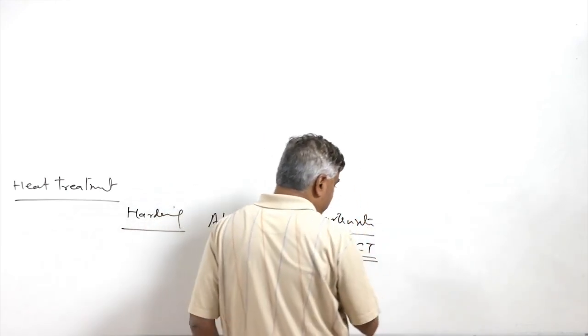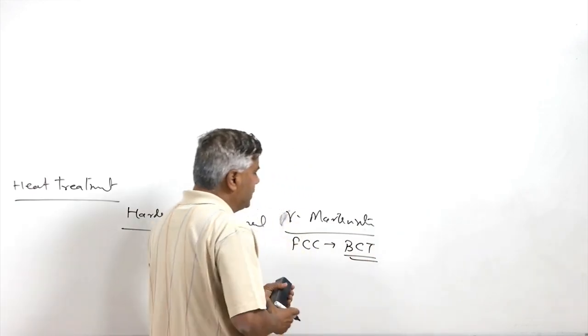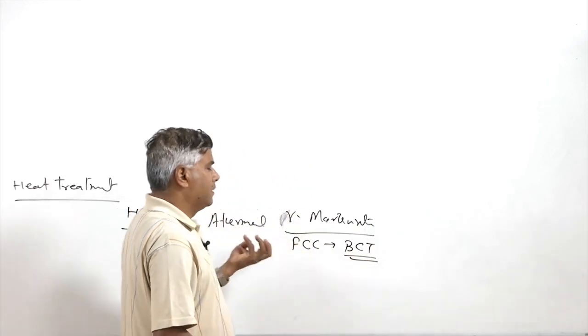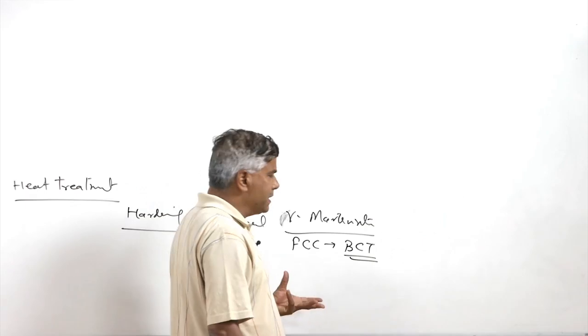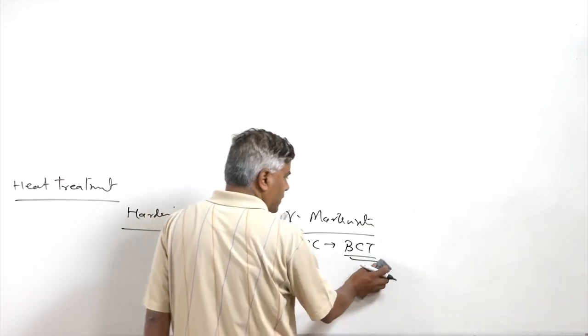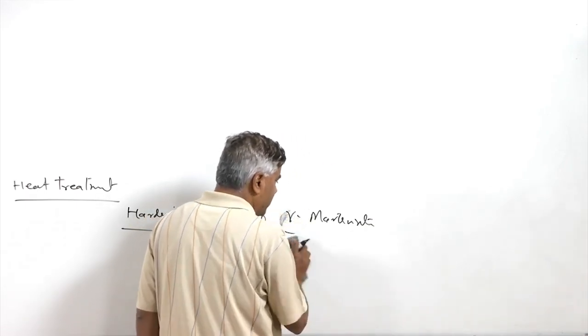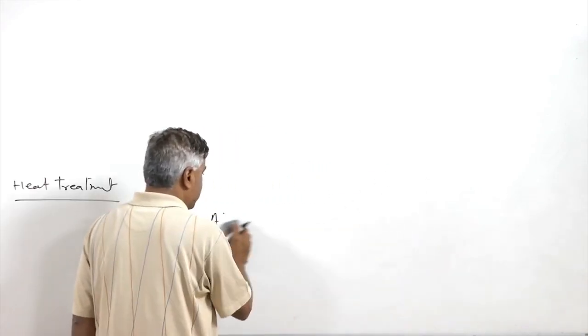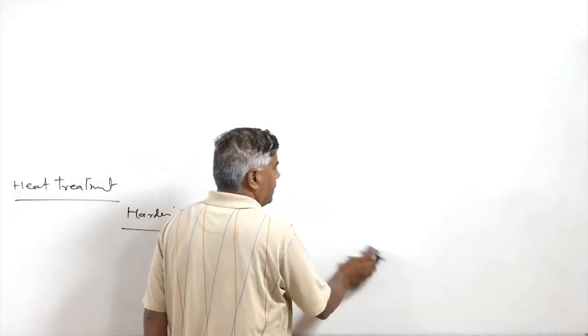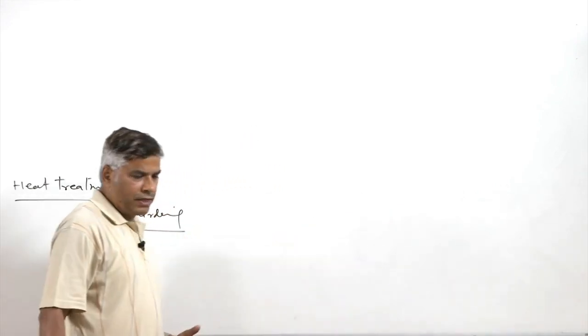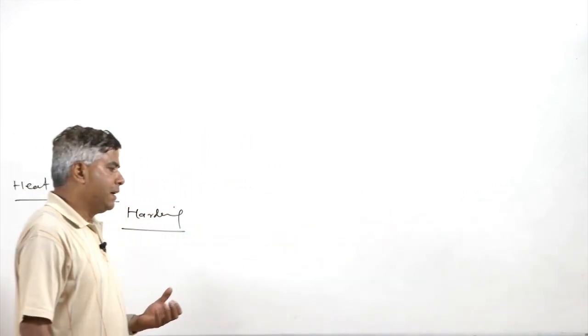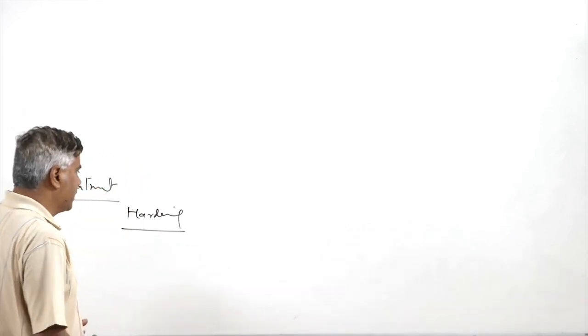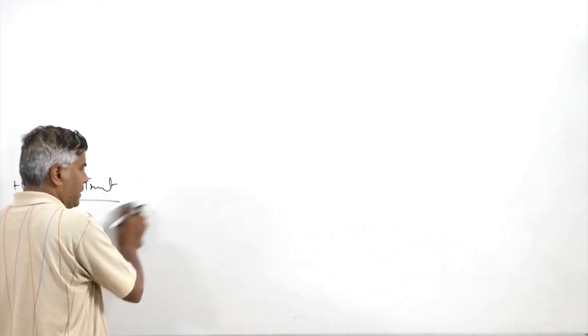This BCT is basically the distorted version of the BCC. So greater is the distortion or the lattice strain induced due to the forced supersaturated solid solution of the carbon in iron, greater is the lattice strain experienced by the martensite, and because of which there will be greater increase in the hardness as well.